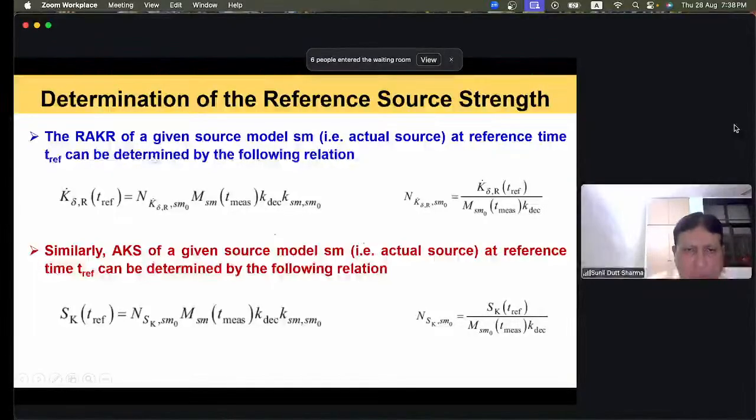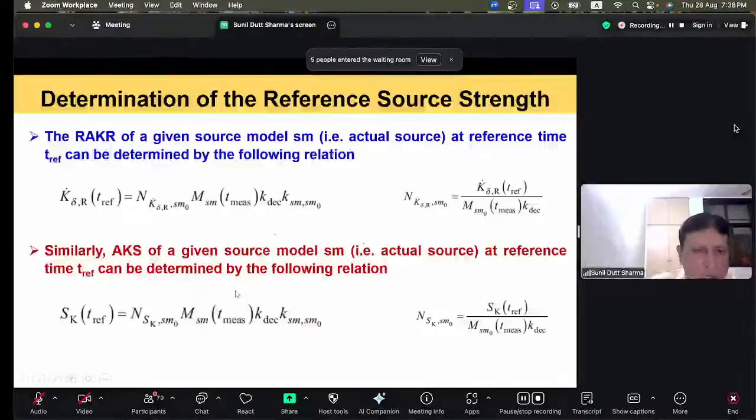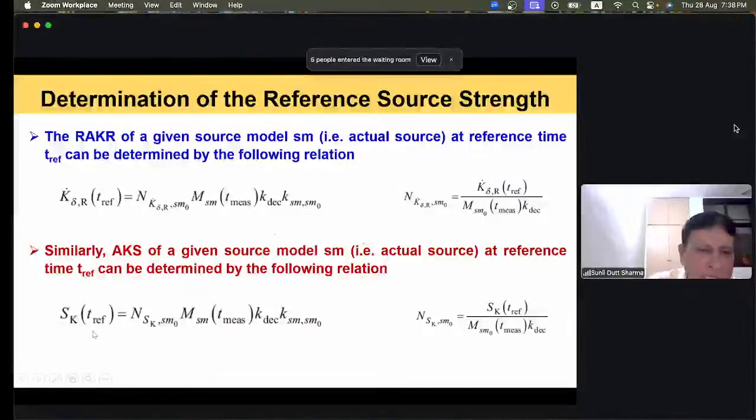Once you are finished with all those, you can calculate the air kerma rate if your detector is calibrated in terms of reference air kerma rate for a given source. Or if you are interested in knowing the air kerma strength, then you should use a detector which has calibration in terms of air kerma strength for a given source model. All other parameters, whatever we discussed, are the correction factors to the meter reading.